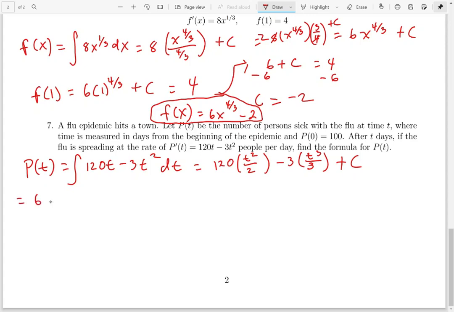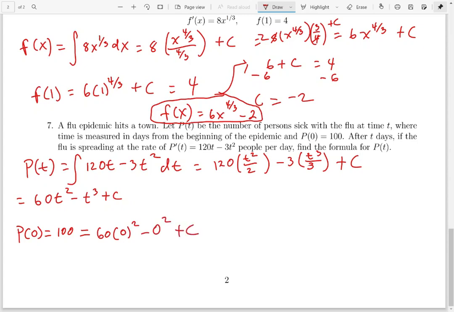That is 60t squared minus t cubed plus that constant c. But then we're told that P of 0 is equal to 100. So let's plug in 0 for t here. That's going to be 60 times 0 squared minus 0 cubed plus c.